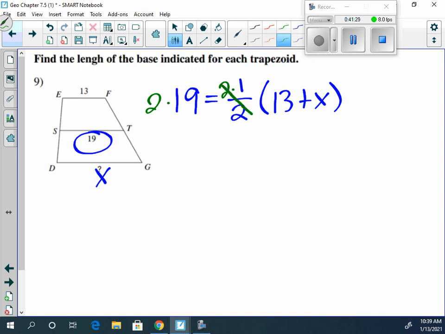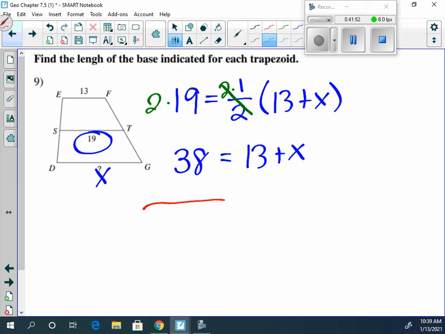Because 2 times 1/2 will simplify to 1, which will leave me with 13 plus x. That's nicer to work with than 1/2 times 13 and 1/2 of x. Now 2 times 19 would be 38.